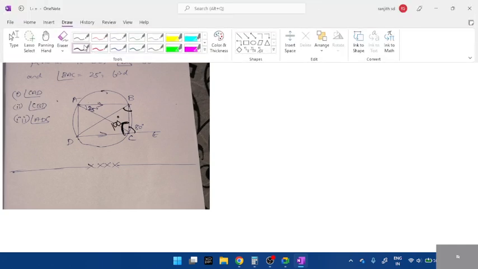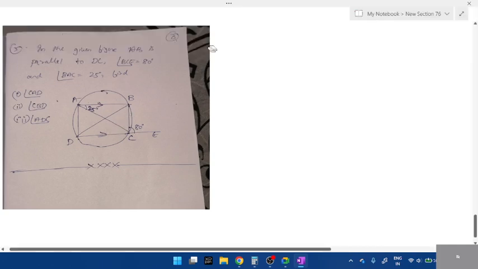Yes, you can use co-interior angles. Which two are parallel lines here? So what is angle A plus angle D should be equal to 180. Angle A is how much, students?